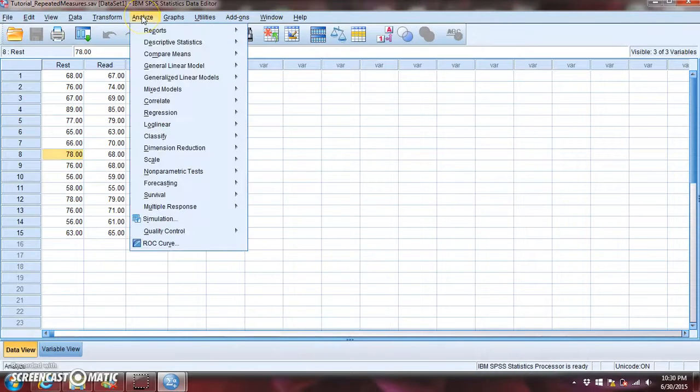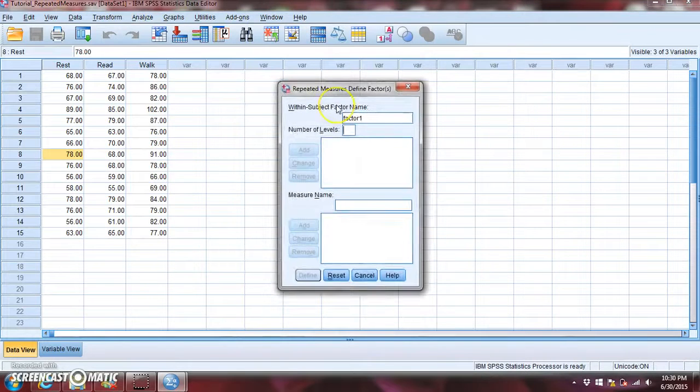So if we head up to Analyze and we go to the general linear model, that is where we found the factorial ANOVA before. Now we're going to go down to repeated measures. And that brings us to this box here, and it asks us for our within subject factor.